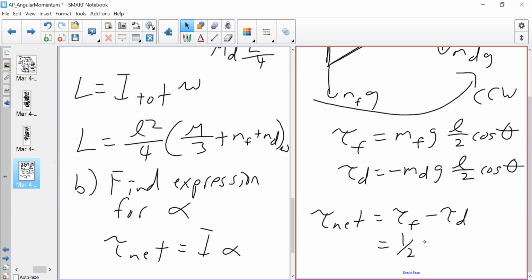I'm going to cut out the middleman algebra there. You can see that in the text, but we're just adding these two expressions. GL cos theta.